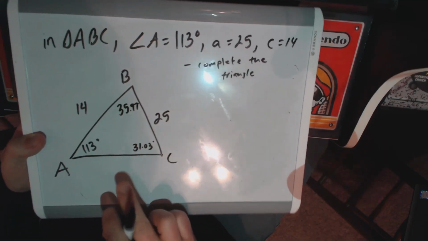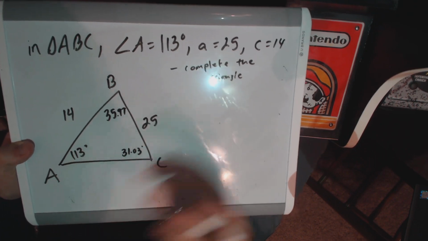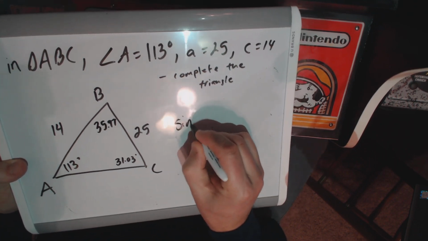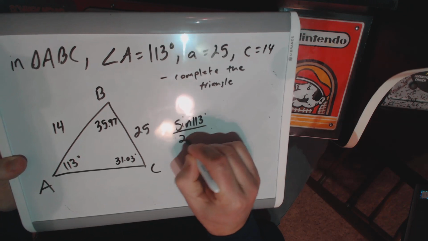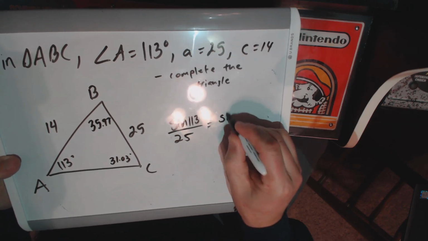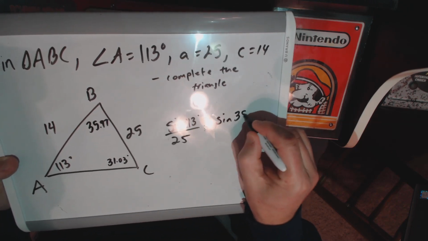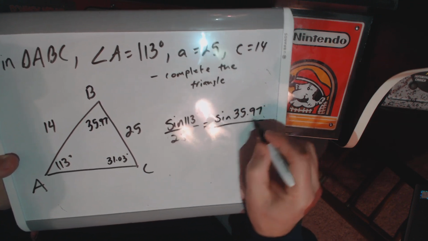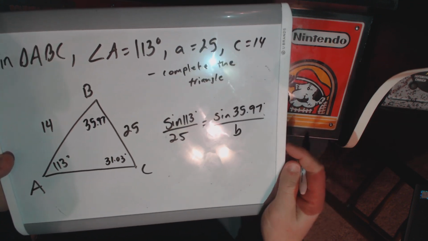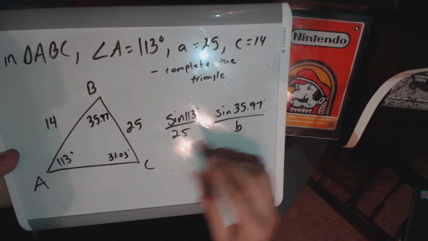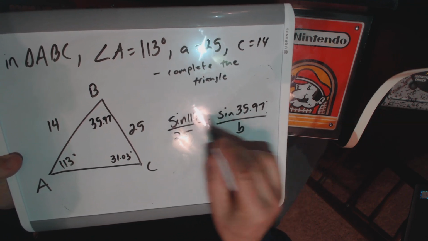Now I just need side B. So what you're going to do is go back to yesterday and use the law of sines, okay? So watch this. Sine of 113 over 25 equals the sine of 35.97 over B. And so we just do a little cross multiplication, 25 times this times this.